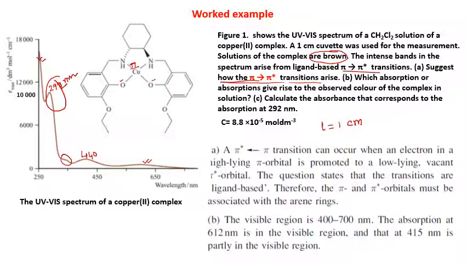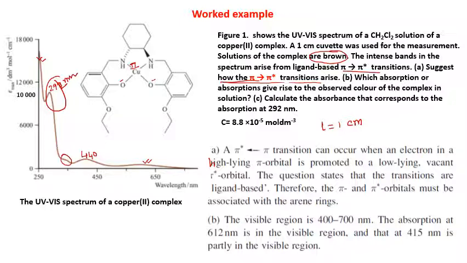Cyclic diamine doesn't have this pi molecular orbital and pi star. Therefore this arene moiety gives rise to this very intense band in the UV region. So you can read the answer also. A pi to pi star transition can occur when an electron in a high lying, high energy pi orbital is promoted to a low lying orbital.